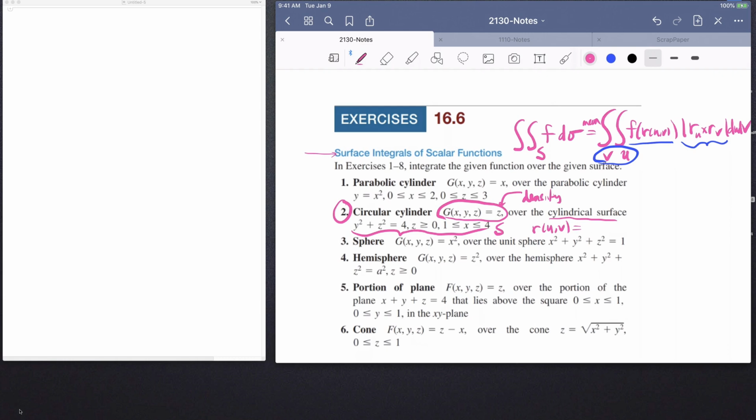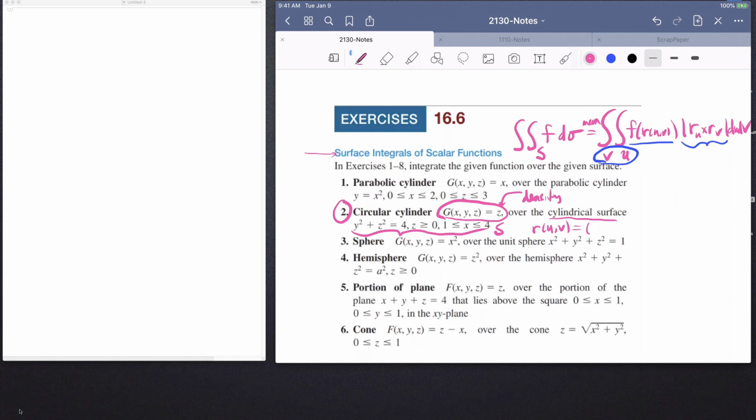The cylinder is in the YZ plane with x going from 1 to 4. So this says that we have a cylinder of radius 2 in the YZ plane, that's y squared plus z squared.